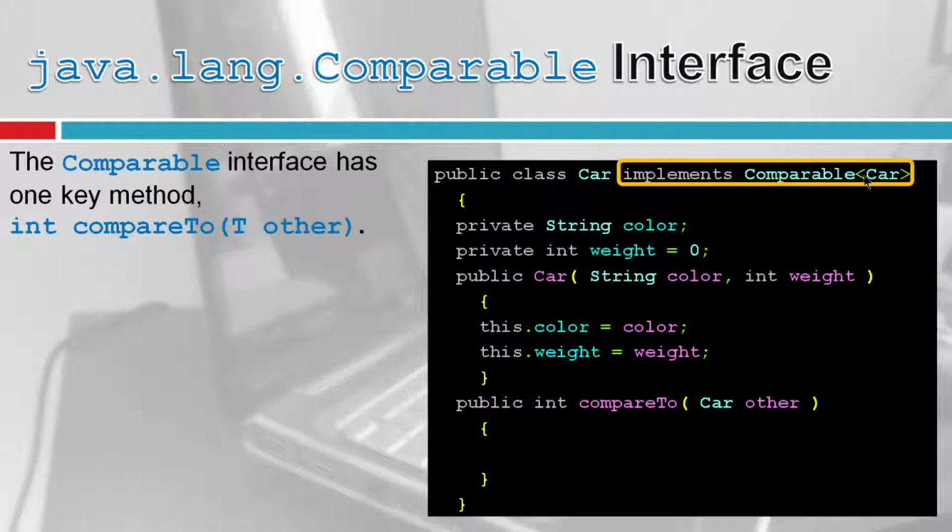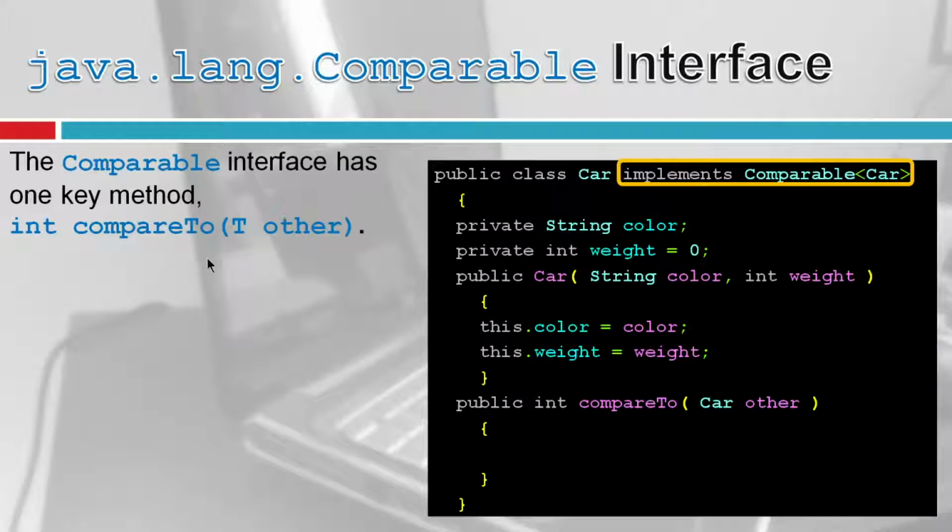I'm not going to compare this against apples or bananas or airplanes. This car is going to compare against other cars. And that defines what's here in this parameter. You don't need to know the specifics about generics, other than if I want to create this compareTo again for other cars, I have to specify that in my generic tag here.